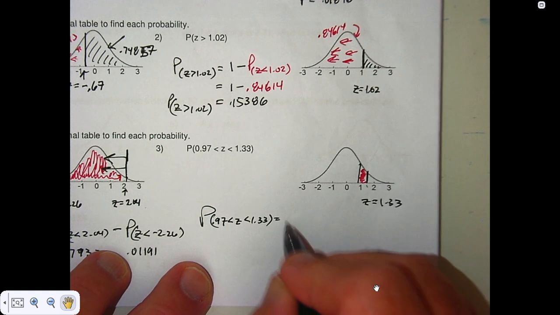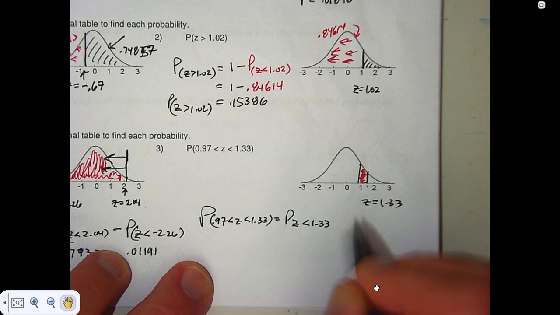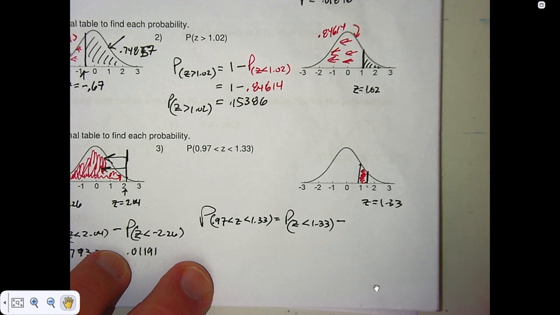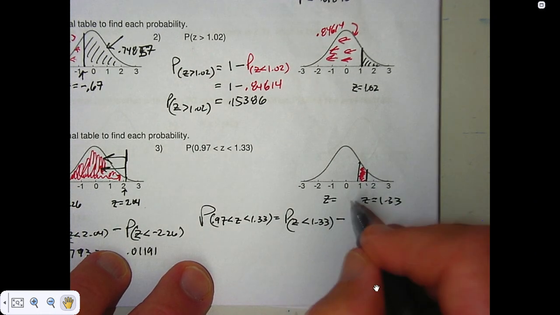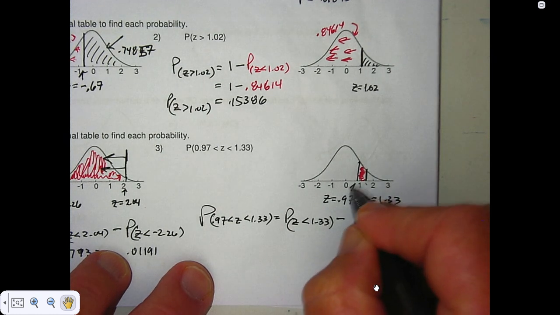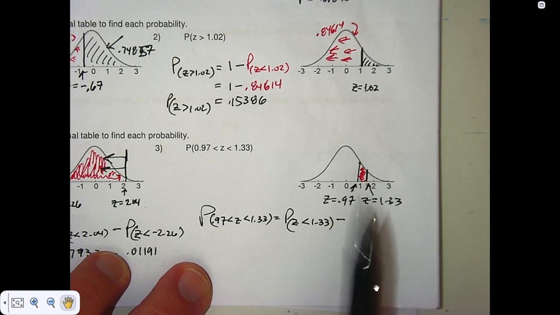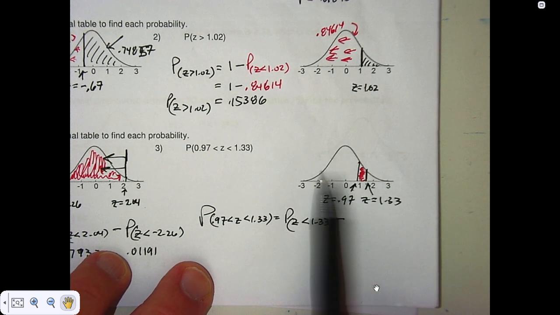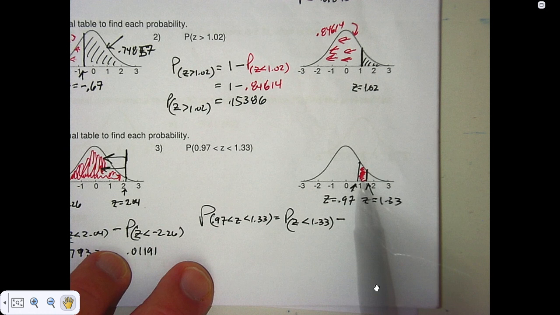1.33. I'll be doing that one, probability that my z is less than 1.33. And I'll be subtracting off the probability that my z-score is 0.97. That one's there, that one's there. So 0.97 is this way, 1.33 is this way as well, but also including the red.